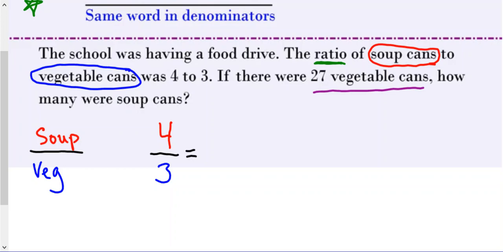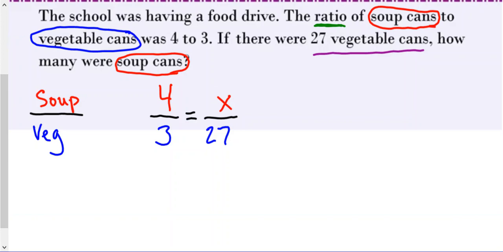And then we were trying to find out how many soup cans there were. So that's going to be our unknown. So the rest of our proportion will look like 27, and then our unknown, so I'm just going to use x as the variable.